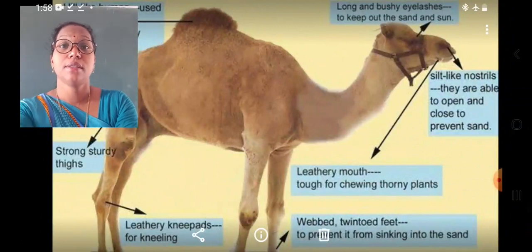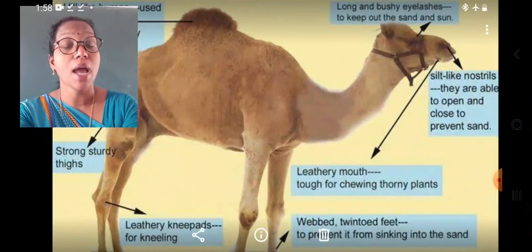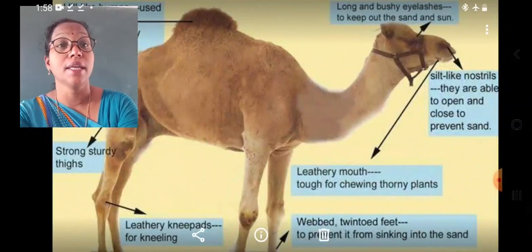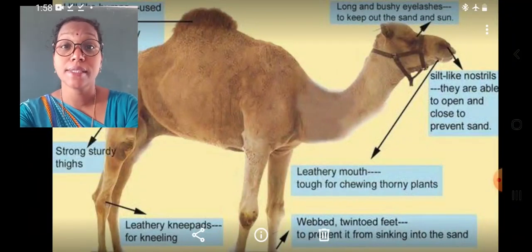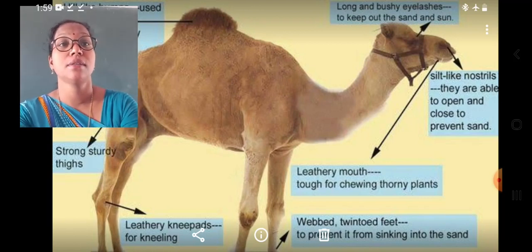Now students, the most common animal found in the desert is the camel. The camel is an excellent animal to study about the adaptations. The long and bushy eyelashes keep out the sand and sun.